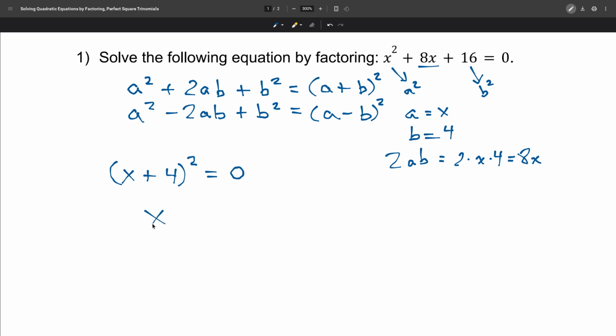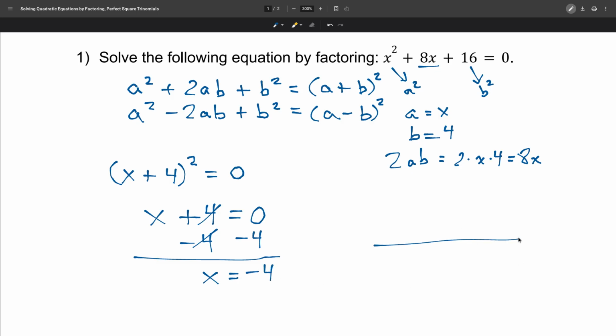So we just set x plus 4 equal to 0. That 4 got away with me. It's early in the morning. So x plus 4 equal to 0. To solve for x, we're going to subtract 4 from both sides. 4 minus 4 is 0. So we're going to get x equals negative 4.